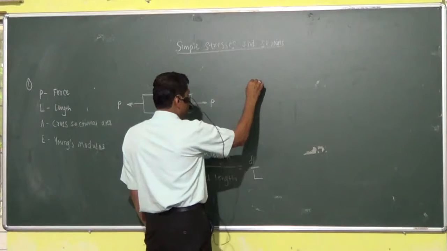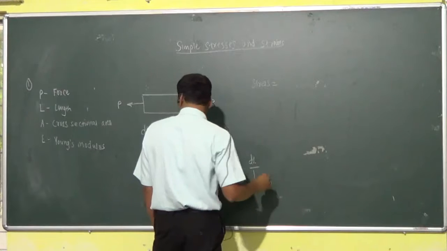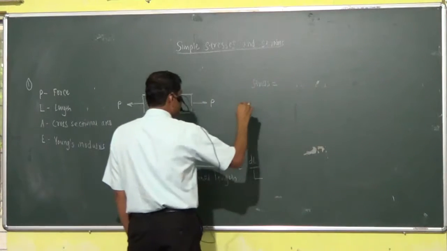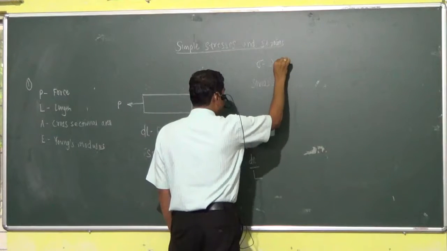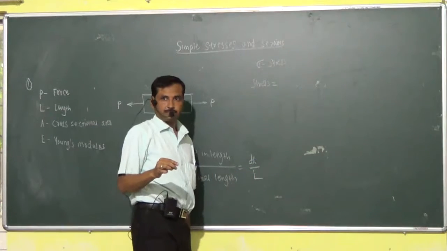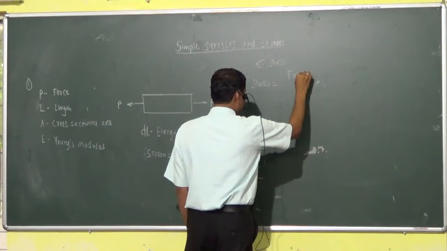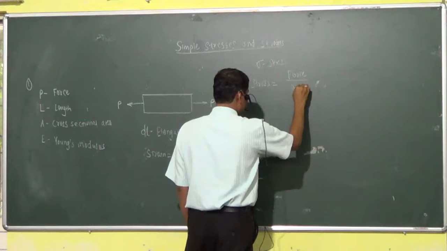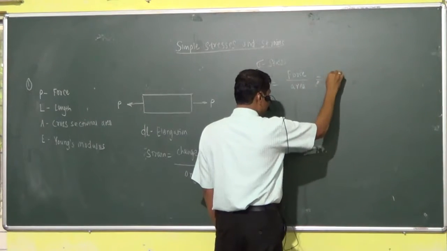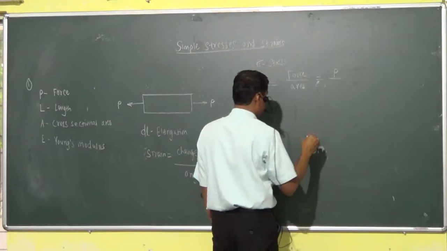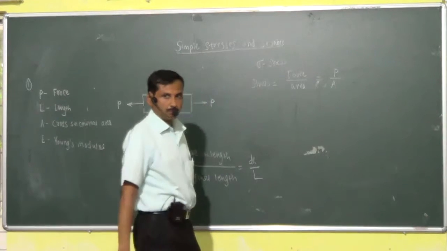Similarly, if we are interested to identify the stress, then sigma is the notation we are using for denoting that stress is always equal to force upon area, and we have used P as notation for force and A as area.